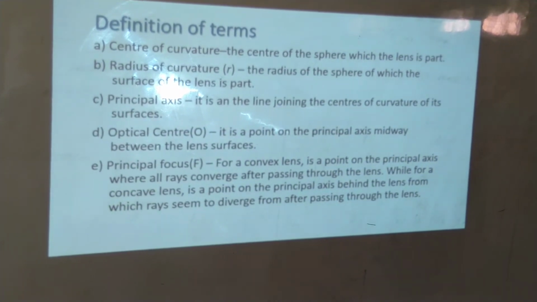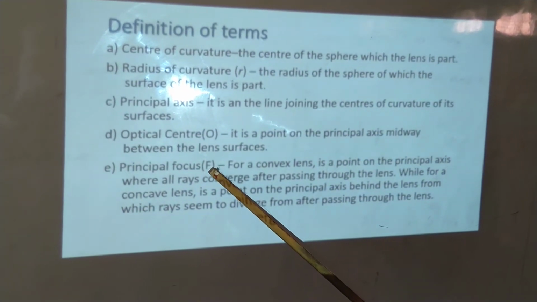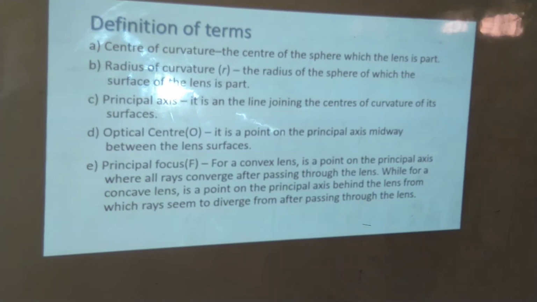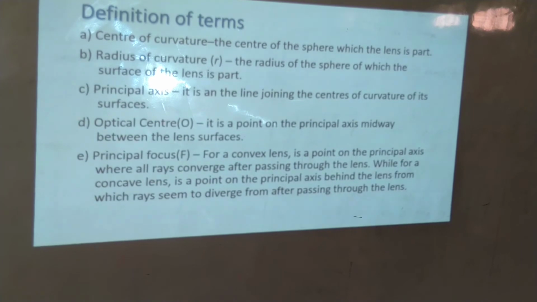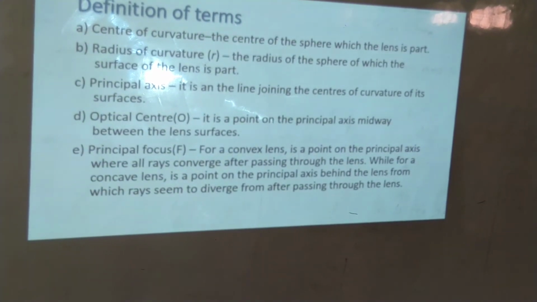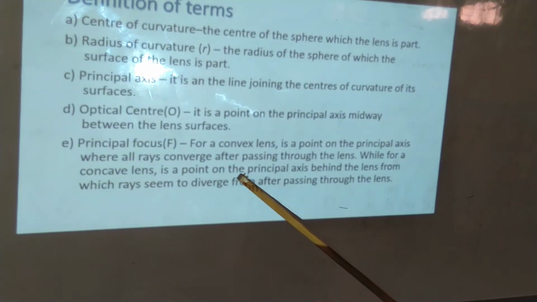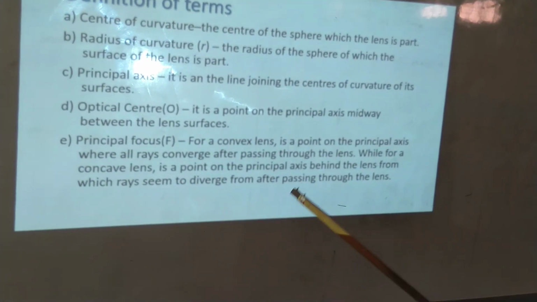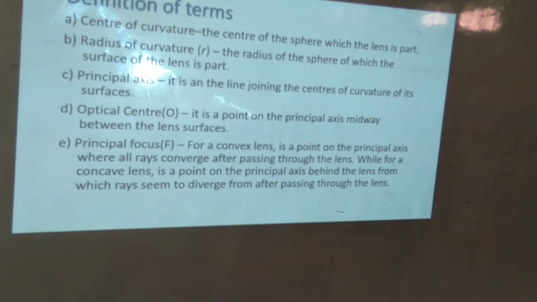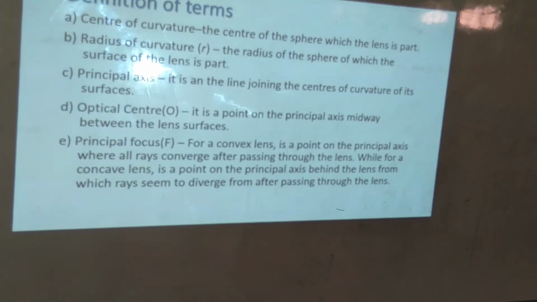Principal focus, normally abbreviated as capital F, is a point on the principal axis where all rays converge after passing through the lens. While for a concave lens, it is a point on the principal axis behind the lens from which rays seem to diverge after passing through the lens.